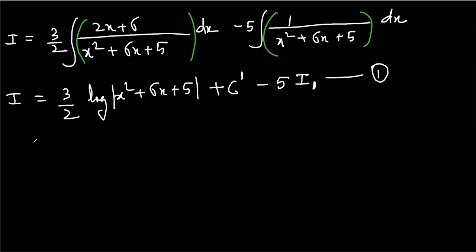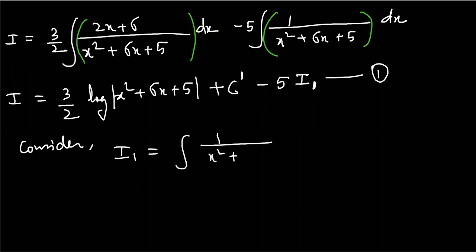Now it is time we work on I1. Consider I1. What is I1? I1 is the integral of 1 upon x square plus 6x plus 5 dx. You know the method here.